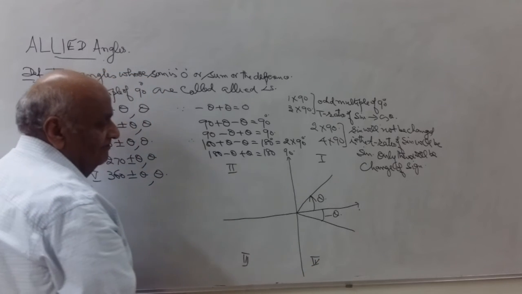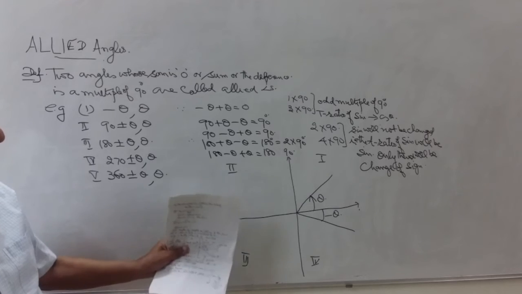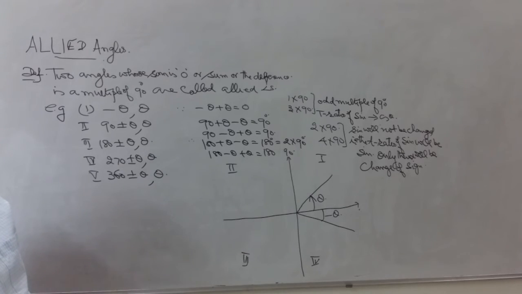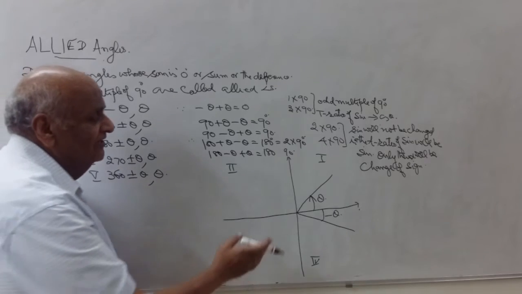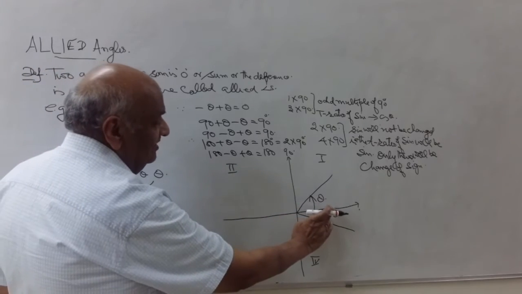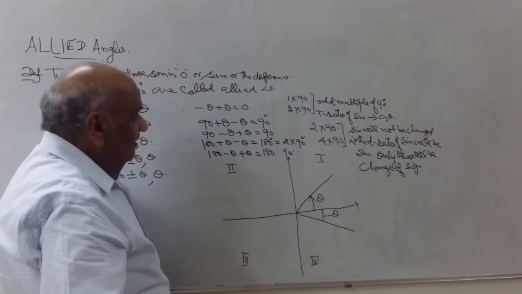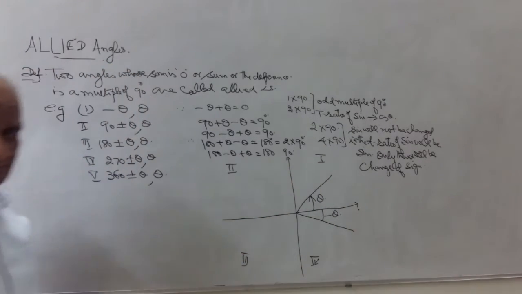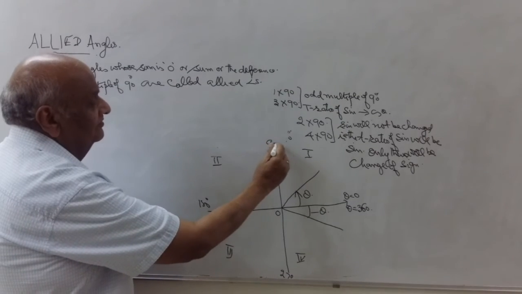Always remember this. You will never forget it. That is, you first of all decide the quadrant and then the angle. Angle is theta. Theta means the first quadrant, minus theta means the fourth quadrant. This is 90 degrees.